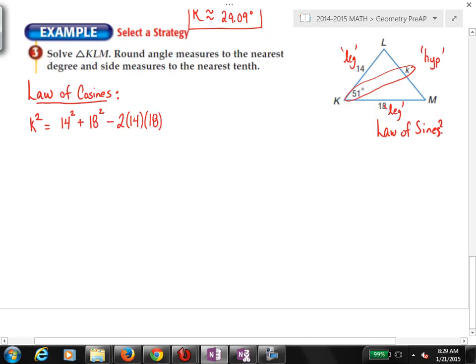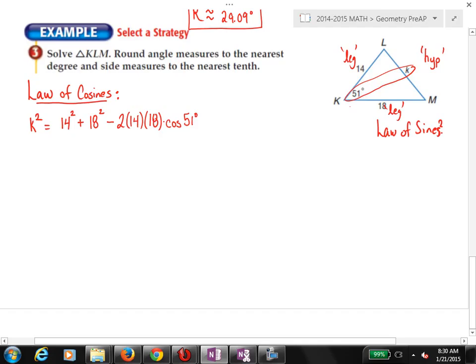Good, because remember that the 14 and the 18 also have to match here. And then times cosine of what? Of 51 degrees, because it's the angle between those two legs that we identified here.